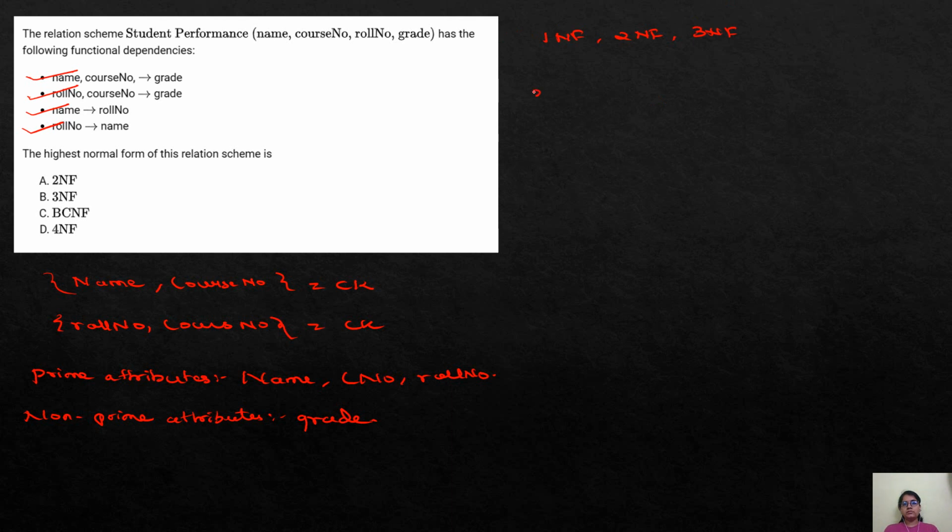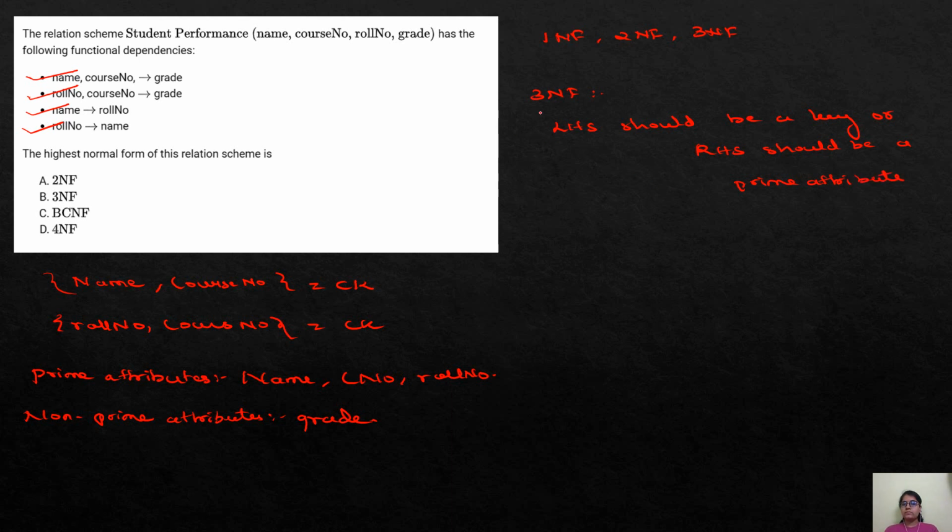I want to let you know that the property of 3NF is: LHS should be a key or RHS should be a prime attribute.